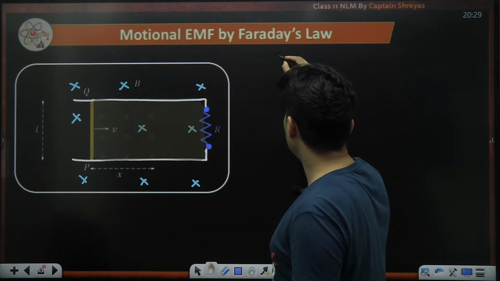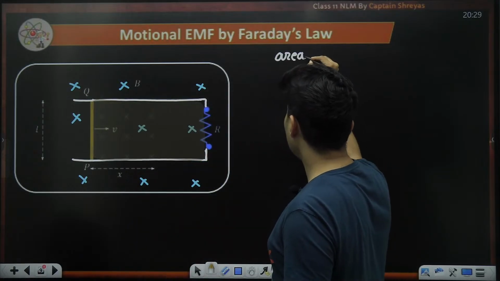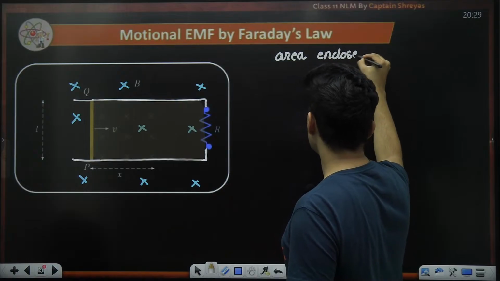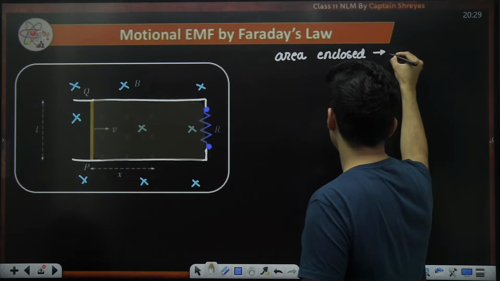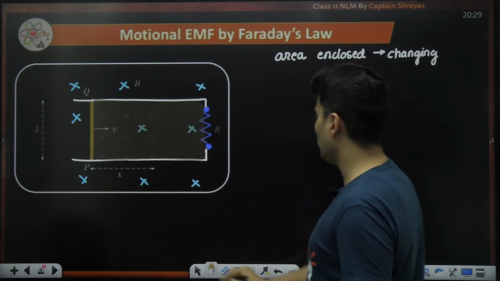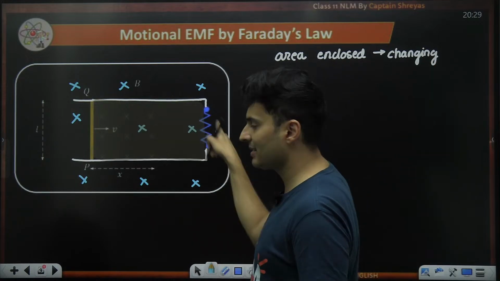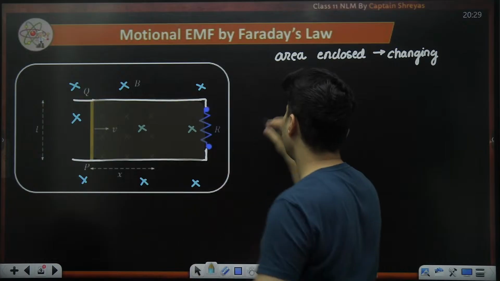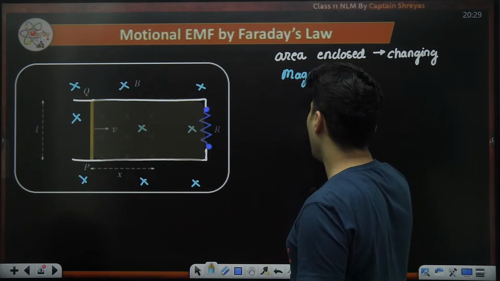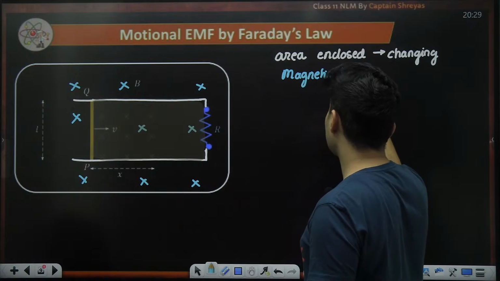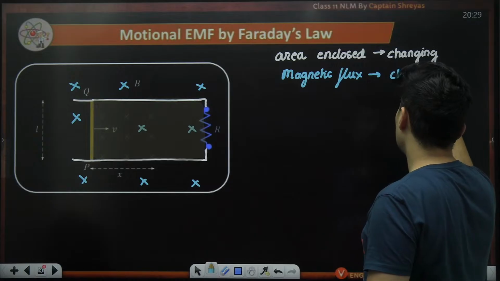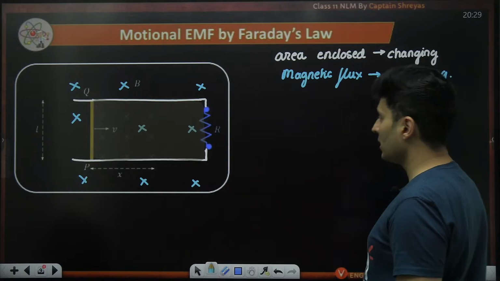Obviously, the area enclosed is definitely changing, and because of that the magnetic field lines which are passing in this area will reduce, thereby the magnetic flux is definitely going to change. Definitely magnetic flux is also changing.